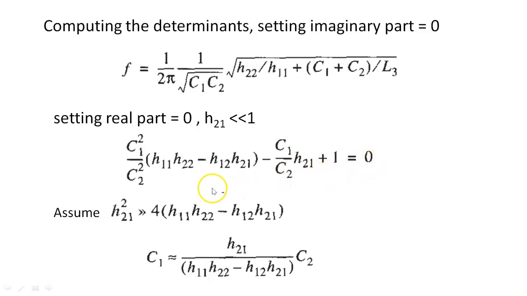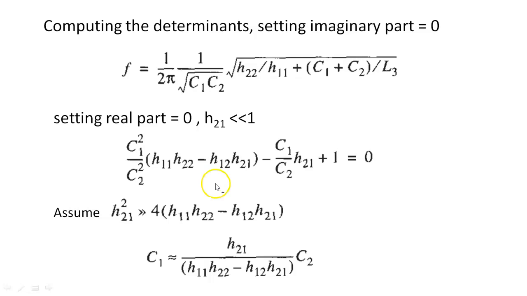Under the assumption that H21 squared is much greater than 4 times (H11 H22 minus H12 H21), that is 4 times, it will be a very high value, we apply this condition in this equation.